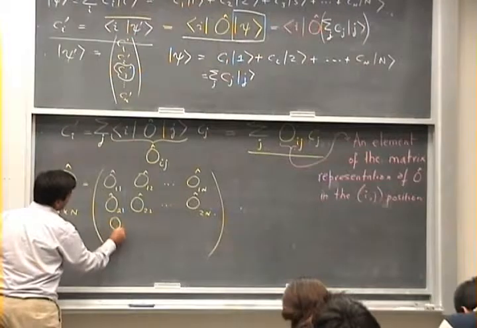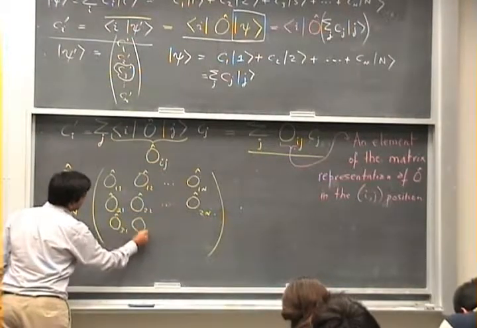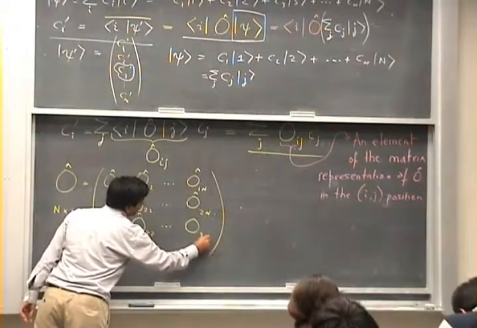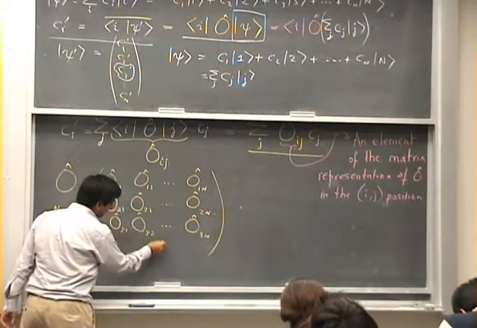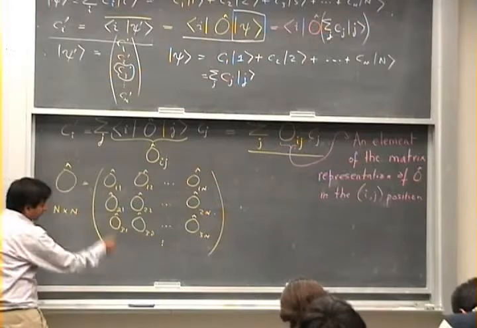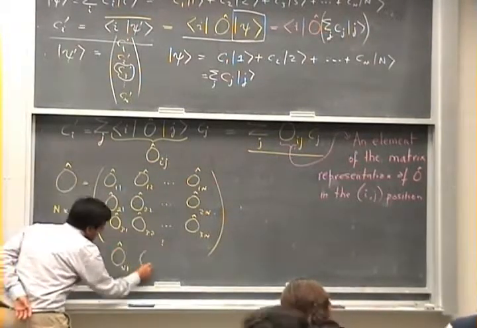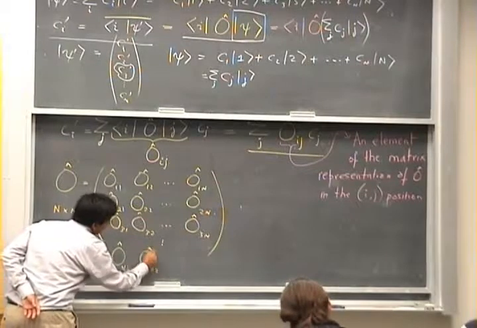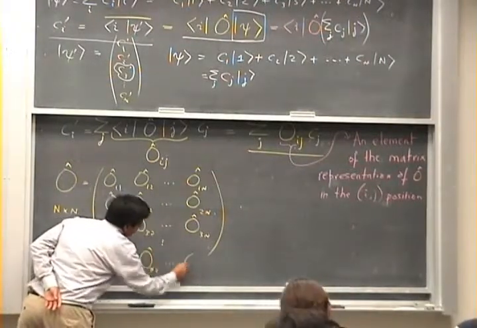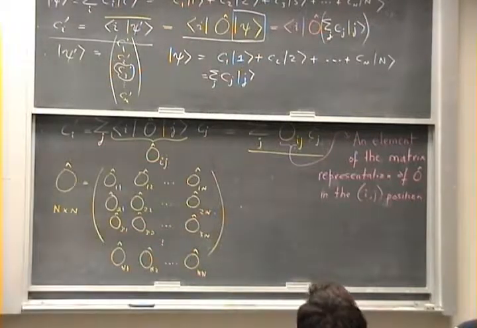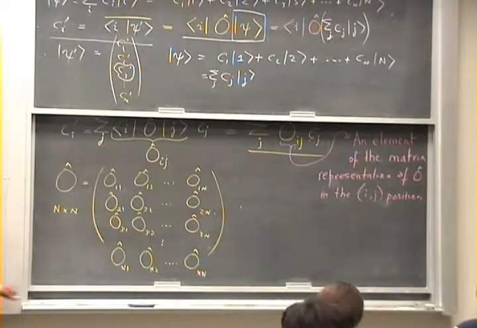Third row, O31, O32, all the way up to O3n. And I have many other columns, many other rows. So the last row will be nth row, first column, nth row, second column, nth row, nth column. So this will be the matrix representation of the operator O.